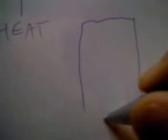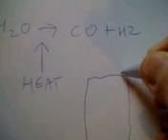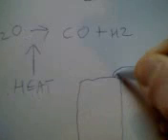Now that liberates H2, hydrogen. So essentially, if I can find a way of designing myself, let's say, a sealed system whereby at the top here we have the gases coming out.